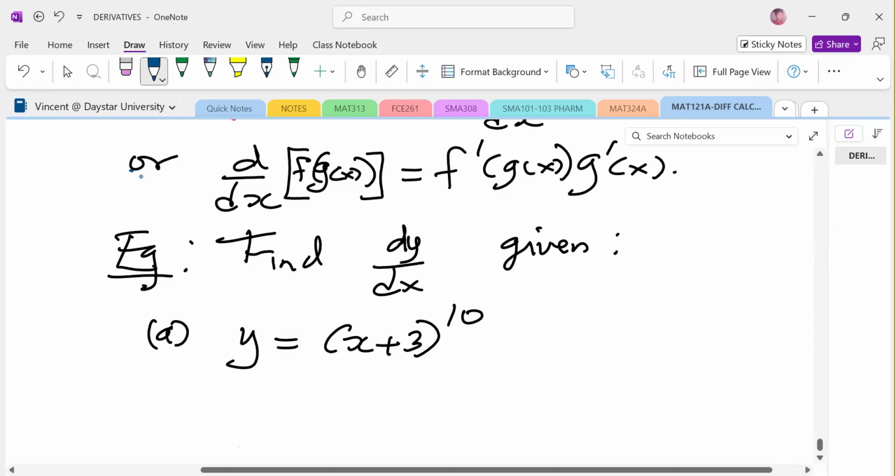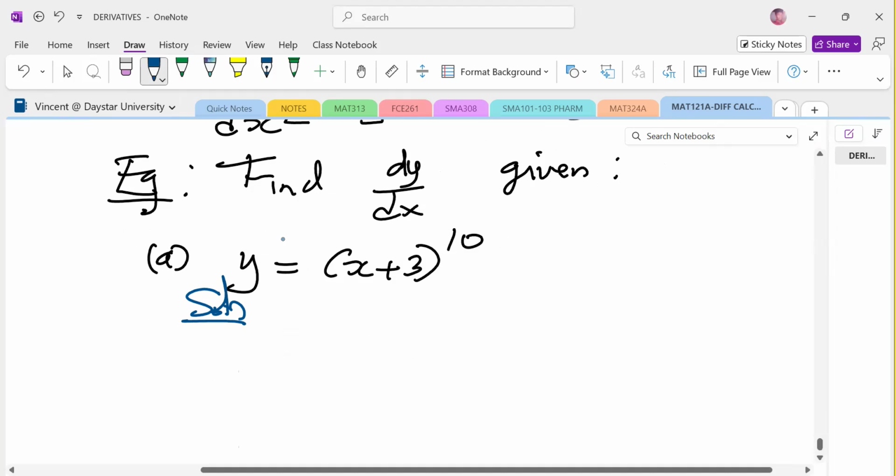And when we have more power, more than 10, you'll have to do a lot of work, and at the end of the day, you may get some mistakes in your expansion. But the chain rule makes work easier. So this is how you use it to get the derivative of this function.